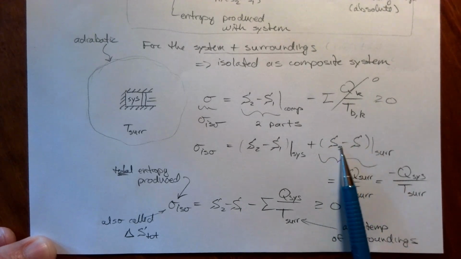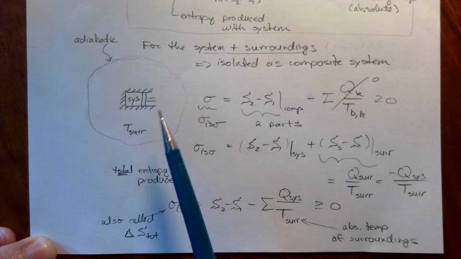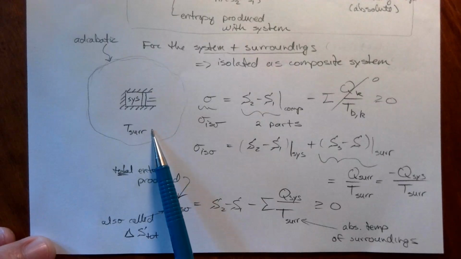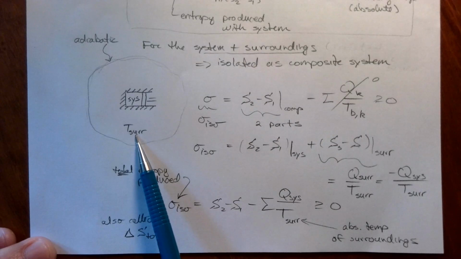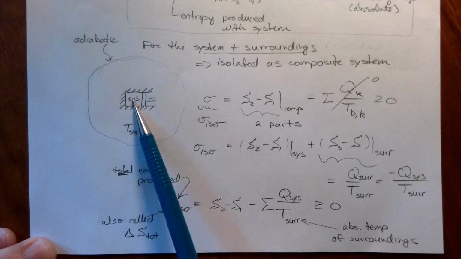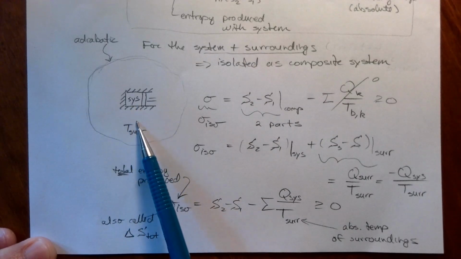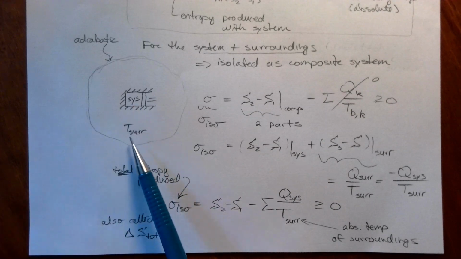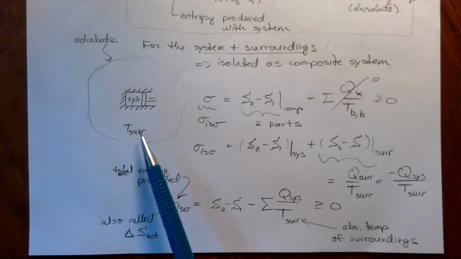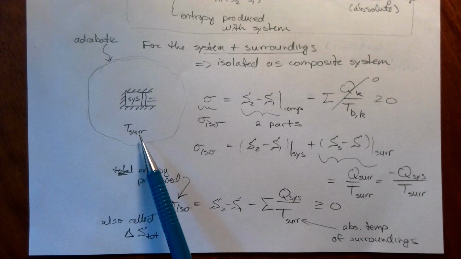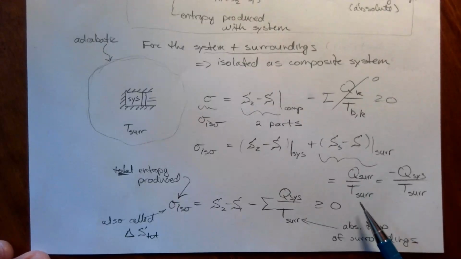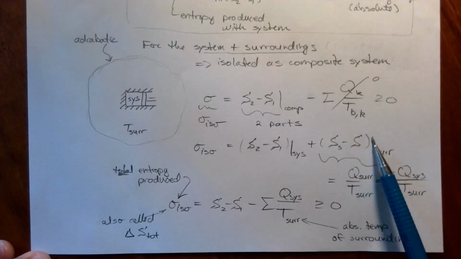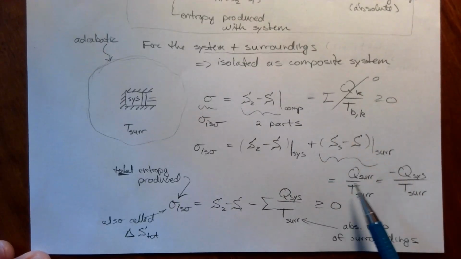The surroundings are effectively a thermal reservoir, so T surroundings is not changing no matter which way the heat transfer goes, out of the system into the surroundings or out of the surroundings into the system. From the perspective of the surroundings, this is reversible heat transfer, so delta S is just Q over T. In this case, Q of the surroundings over T of the surroundings, because we're trying to evaluate delta S of the surroundings.